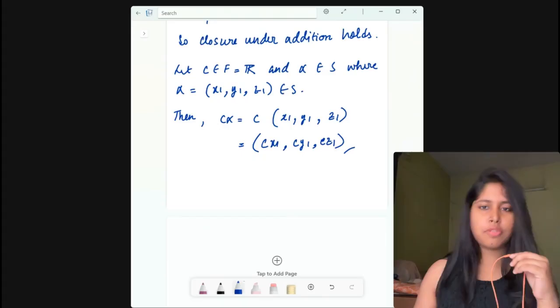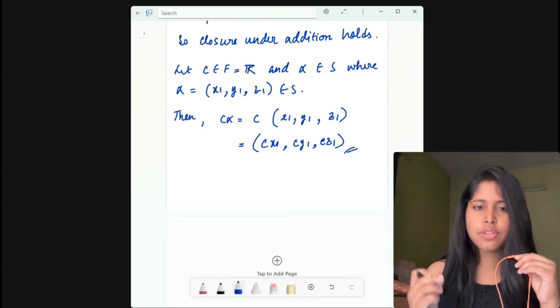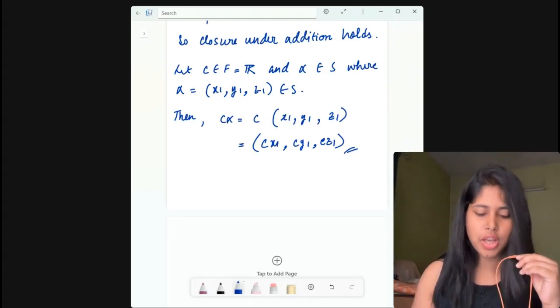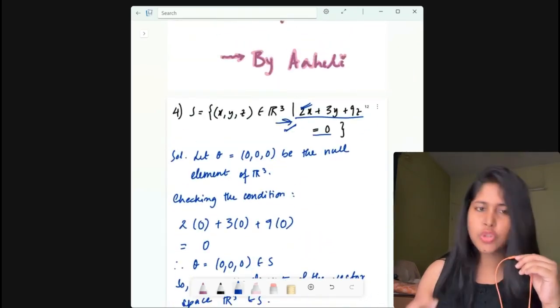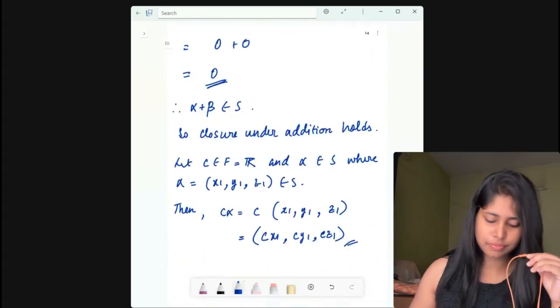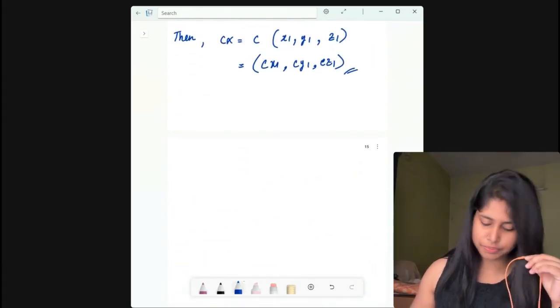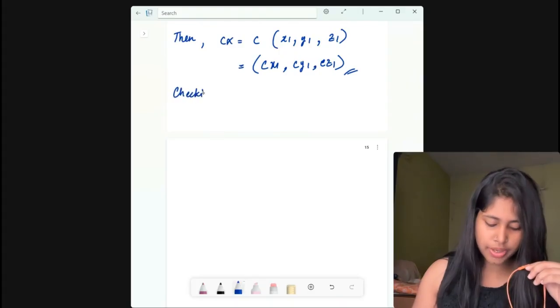This is what you get after multiplying. Now you have to see whether this satisfies the condition, whether this condition holds for this part also. This is the given condition, right? So you have to check for that as well. Now coming to that, how are you going to check? You need to write first: checking the condition.